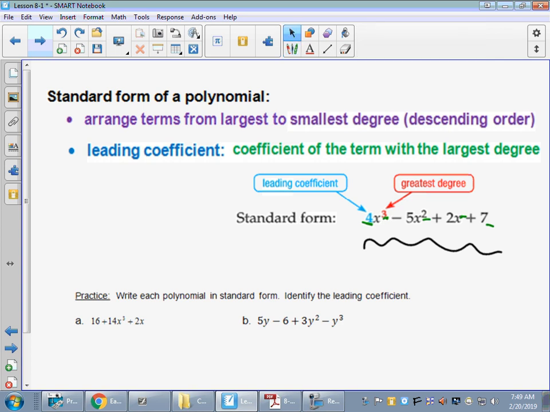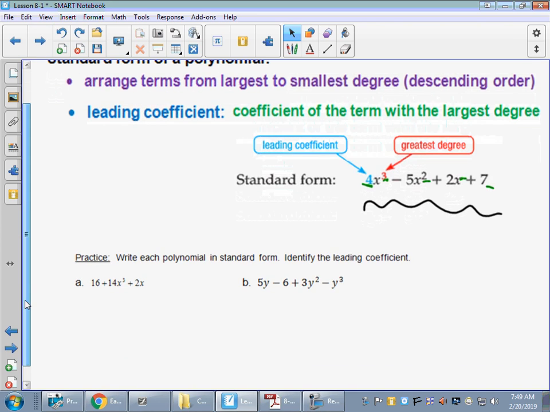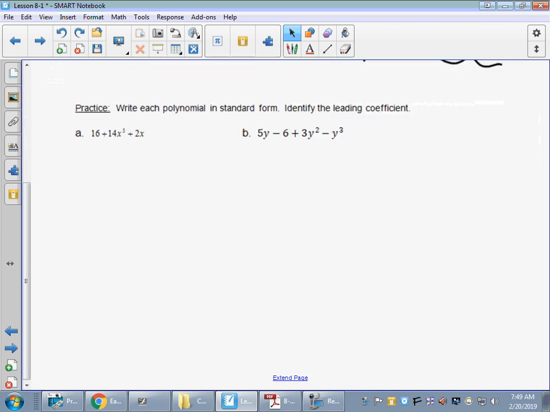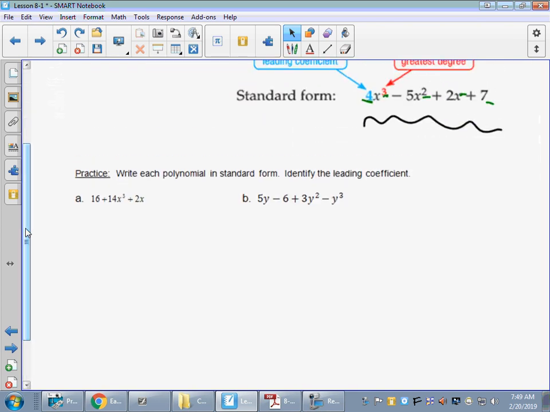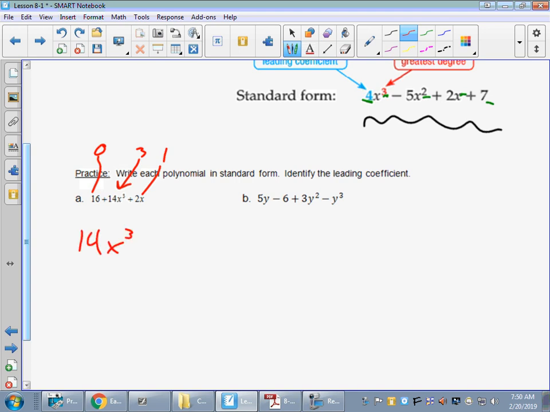Okay, so let's do an example or two of this, writing it in standard form. So this first one. Okay, so the first thing we got to do is we just got to look at which one has the highest degree. Well, this one has a degree of 3. This one only has a degree of 1, and this one has a degree of 0. So we've got to reorder it and write it with this one first because it's the largest, 14x cubed.